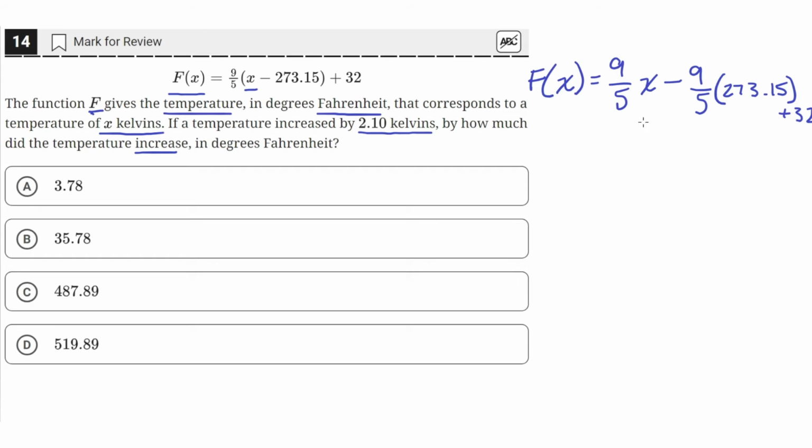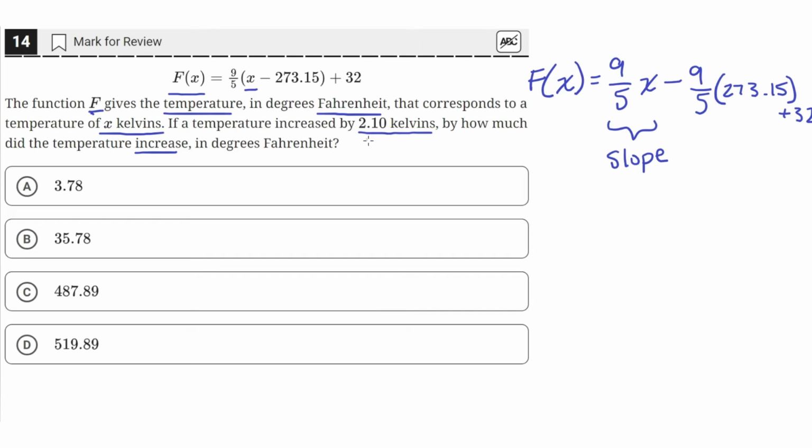But we only care about what's going on with this term, because this x is our independent variable, which means its coefficient is the slope of this line. So when we increase x by 1, the value of f of x increases by 9 over 5.